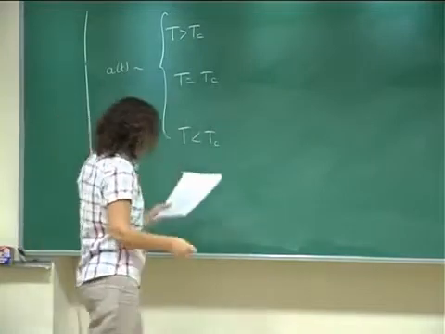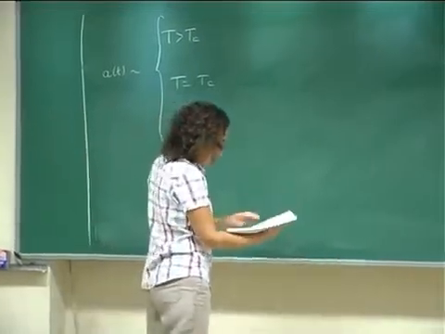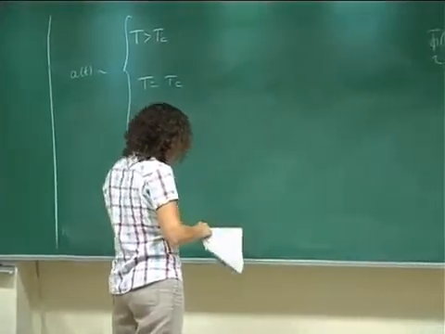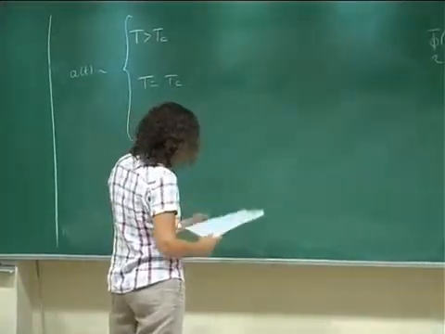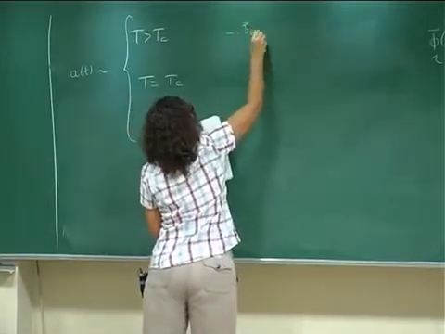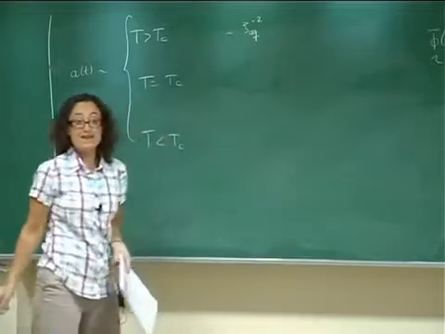So above Tc, A goes to a constant. And this constant is just the equilibrium correlation length to the minus 2, not surprisingly.